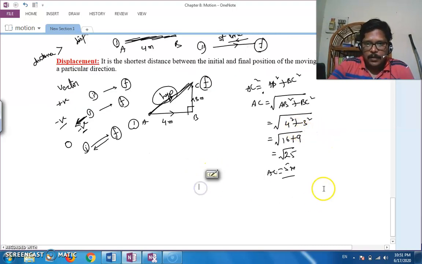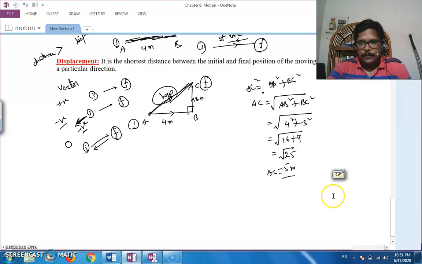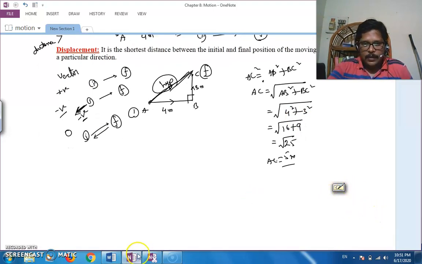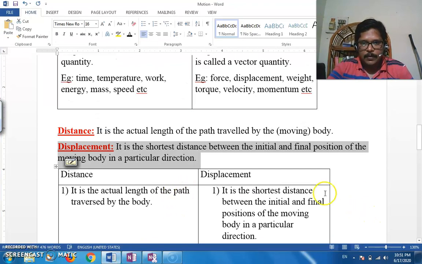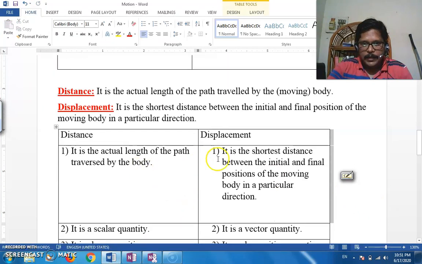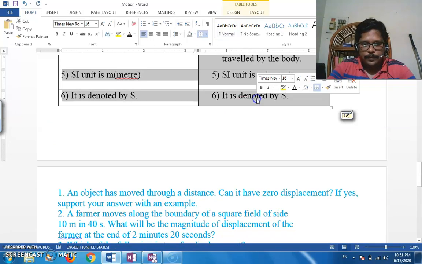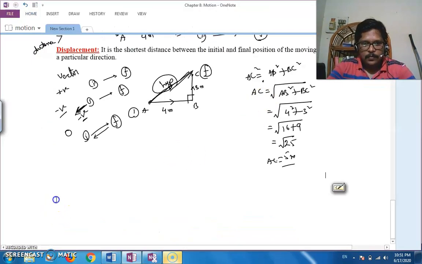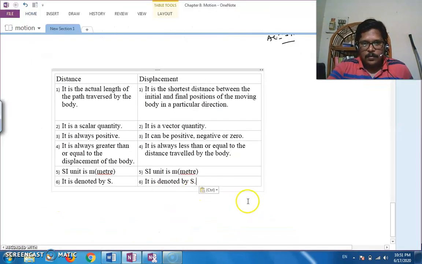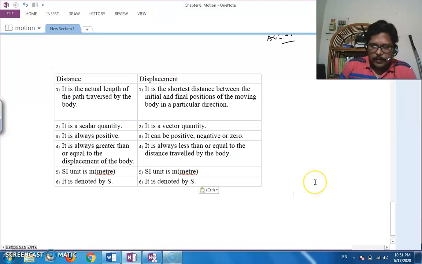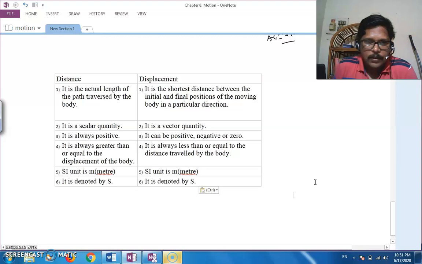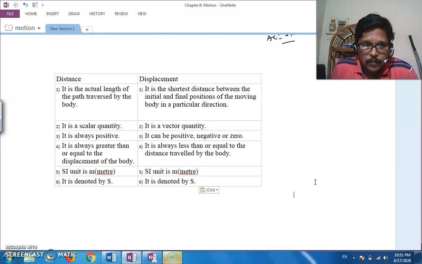Okay, the next one. I'll put the table of differences between distance and displacement in front of you so that you can check this. In this table I have mentioned the differences between distance and displacement. The first difference is the definition of both. The second one is that distance is scalar, displacement is vector.